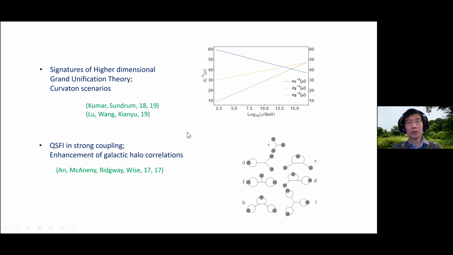It has been used to study higher dimensional gravitational grand unification theories and curvaton scenarios, and has been extended to the strong coupling regime, and its effect on galactic halo correlations has been studied. So these are just some examples.